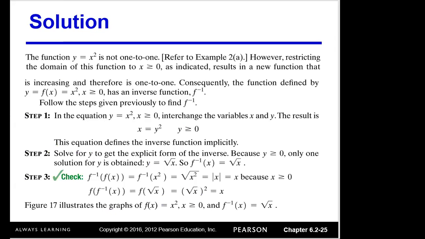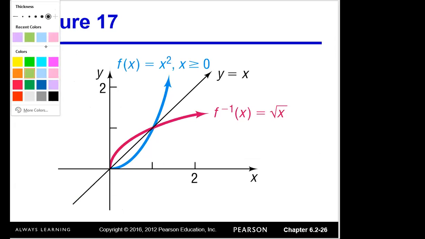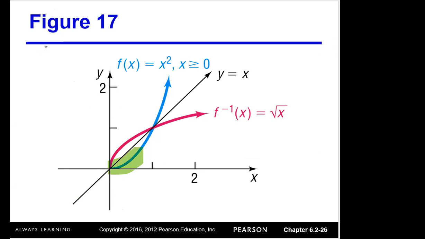So they go through all the steps. They switch x and y, and then they solve for y, which involves taking the square root, and then they went through the check, and then here's the picture of it. So you can see that this was my original graph, which I actually highlighted in green before.